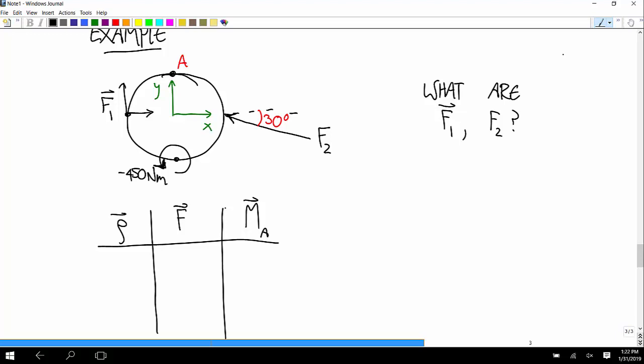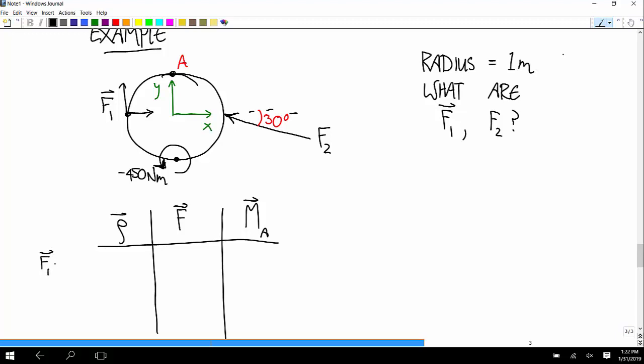And I need some dimensions. The radius of this disk. So let's say the radius is 1 meter. Okay, so let's start with this force F1.